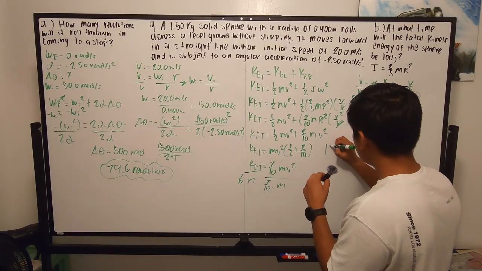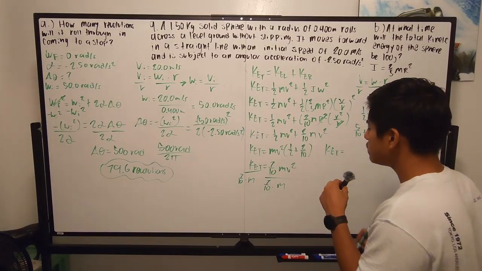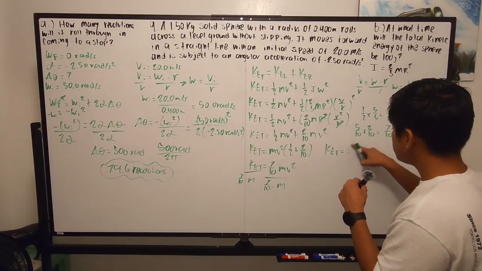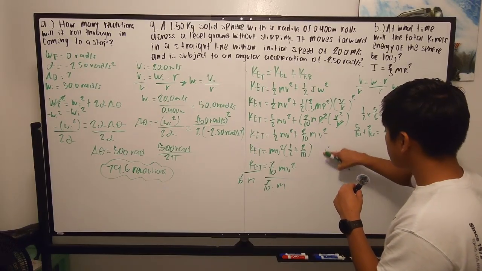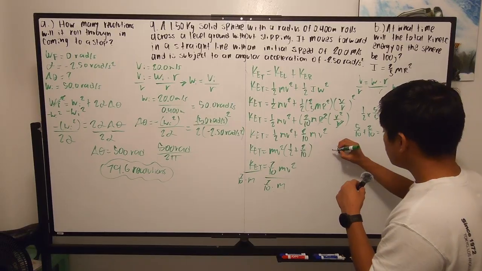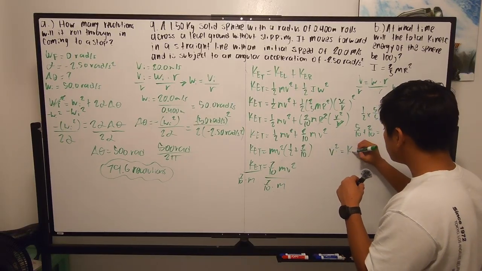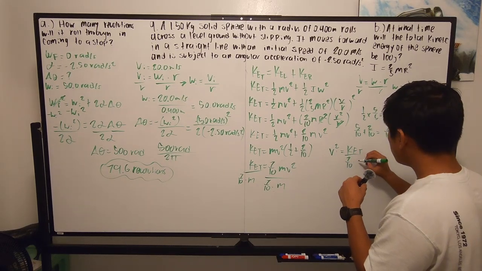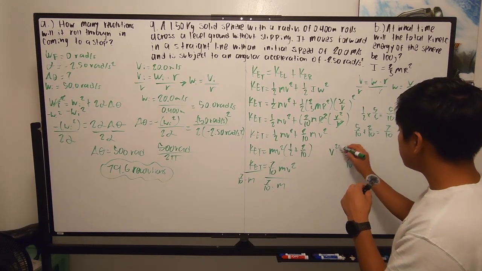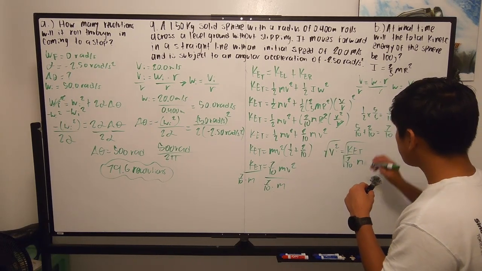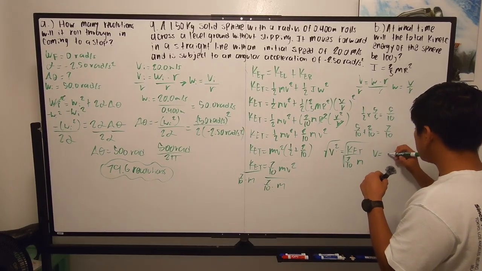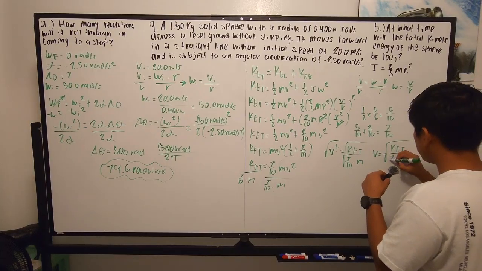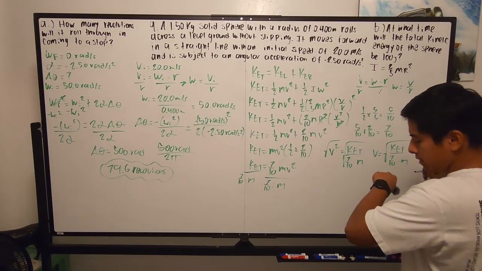So then I have not the kinetic energy total, but the velocity squared. That the velocity squared is equal to the kinetic energy total all over 7/10 multiplied by m. And then to get rid of that squared, I'm going to take the square root. So then my velocity is going to be equal to the square root of the kinetic energy total all over 7/10 multiplied by the mass.